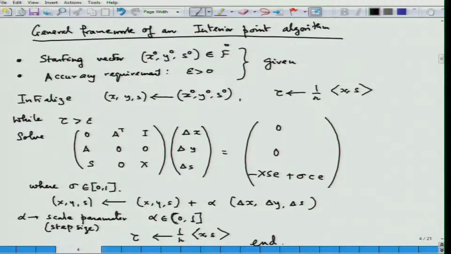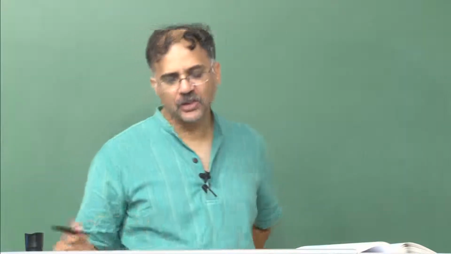So, what would be a suitable step size? That depends. Sometimes alpha in the short step path following method, which we will start studying tomorrow, will be equal to 1.